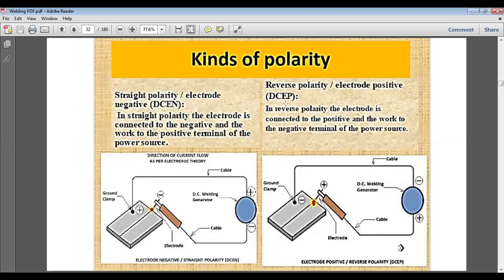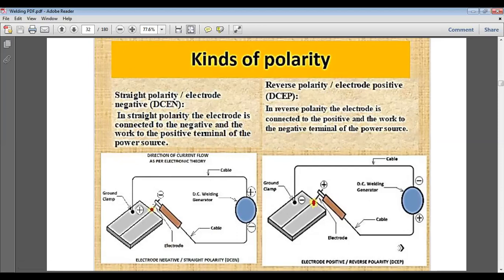In reverse polarity, we connect the electrode with the positive terminal. We also discussed how much heat is produced. About two thirds of the heat is generated at the anode.